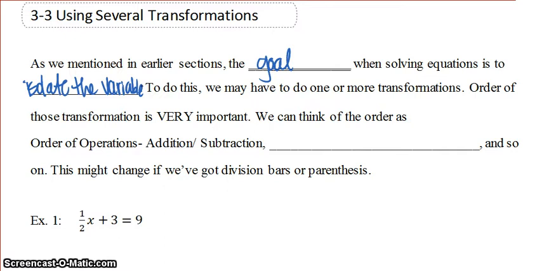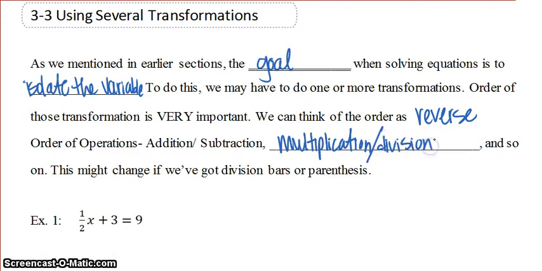So we can think of the order as reverse order of operations, okay? It's basically kind of the opposite of what we normally do, because we're solving it. So order of operations is addition and subtraction, and then it's multiplication and division, and then so on and so forth.